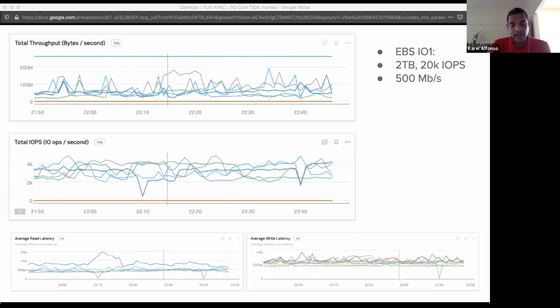In the storage layer, these are the EBS volumes, currently using io1, so you can see we have about 20K IOPS and the bandwidth is about 500 megabits per second. That's the default that AWS gives you. As you can see, we have very low latency, mostly sub-millisecond latency in EBS volumes at the moment. And we're not fully using the capacity of the IOPS that we have provisioned, as well as the bandwidth. Next slide.